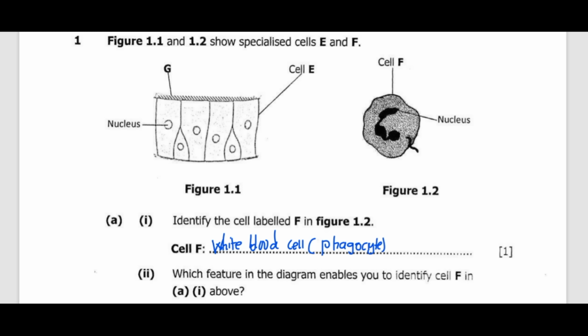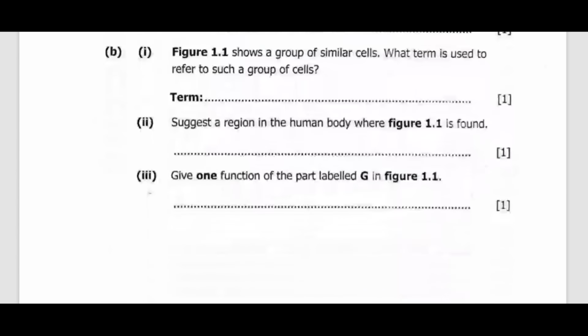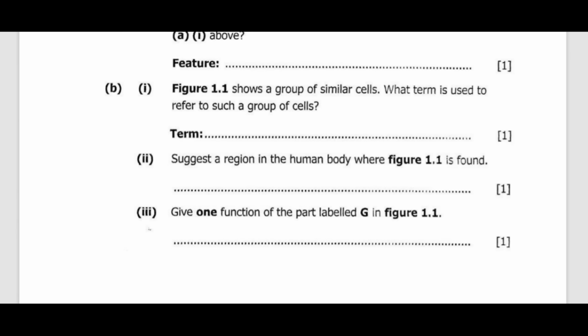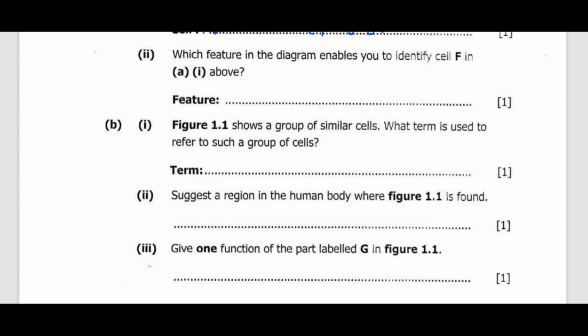Okay, so now let's move on to question A, Roman number 2. Which feature in the diagram enables you to identify cell F in A1 above? The feature that helps us to identify this is that it has a lobed nucleus.